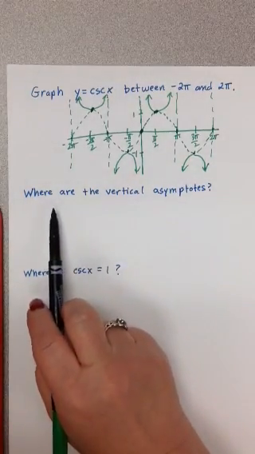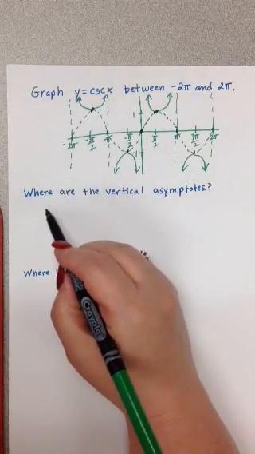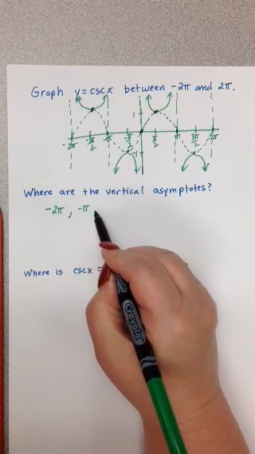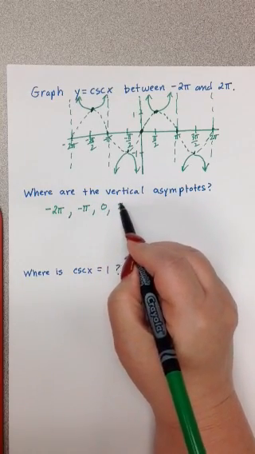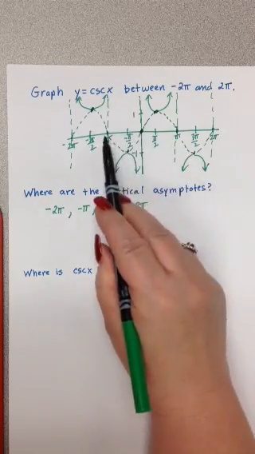The next question says, where are the vertical asymptotes? Well, I'm so glad I drew that right there because that helps me to figure it out. Negative 2 pi, negative pi, 0, pi, and 2 pi, because there they are, all the vertical asymptotes, okay?